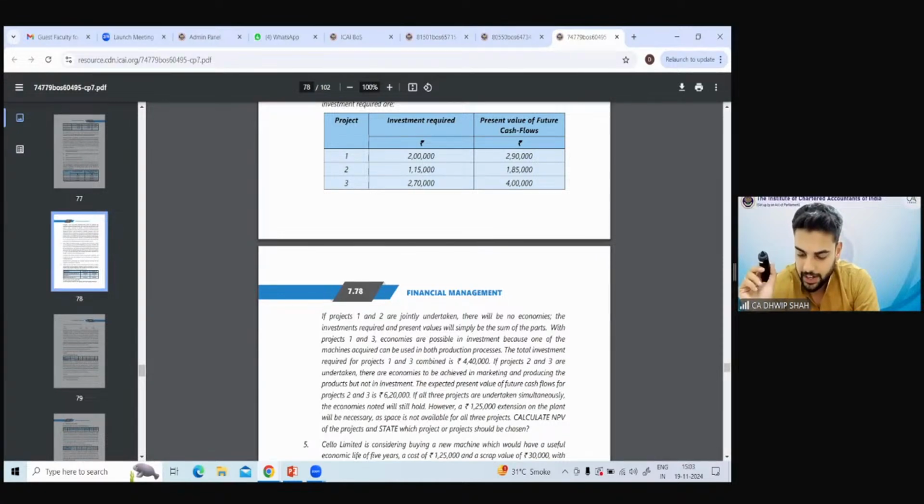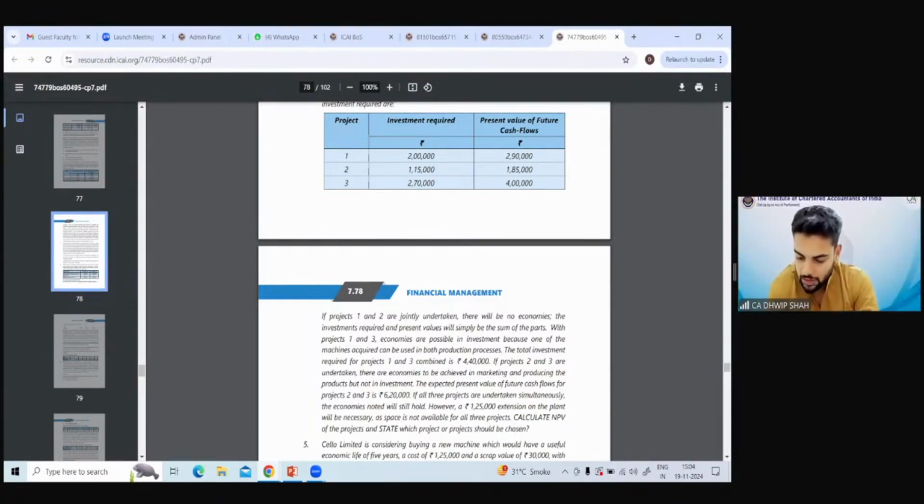With projects 1 and 3, now you have to visualize if 1 and 3 are taken together. Economies means additional savings are possible, but additional savings are possible only in investment. See, can you read the third line? It is possible in investment because one of the machines acquired can be used in both the production processes. Okay, so one of the machines will do the work of both the projects.